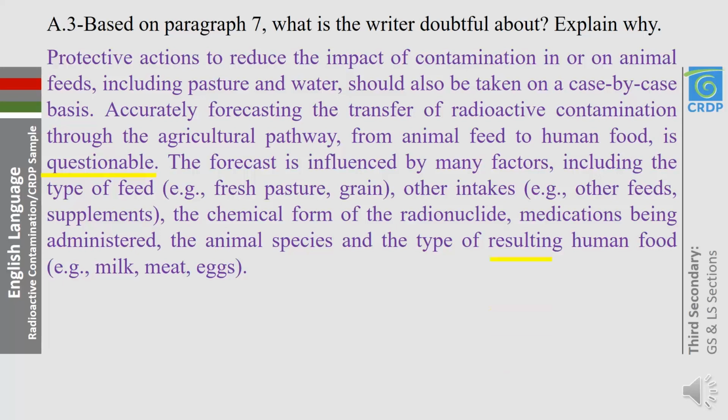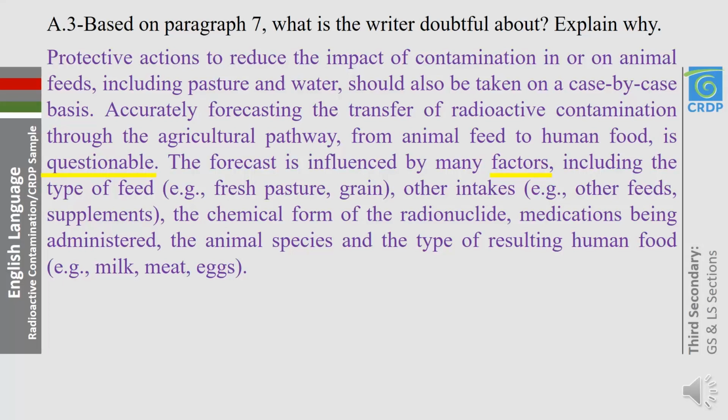Second keyword is factors, which indicates reasons. Here the writer has mentioned many factors, like the type of feed, other intakes, the chemical form, the medications, the animal species, and the type of resulting human food. We're not going to include all of them in our answer, we'll just use 3.